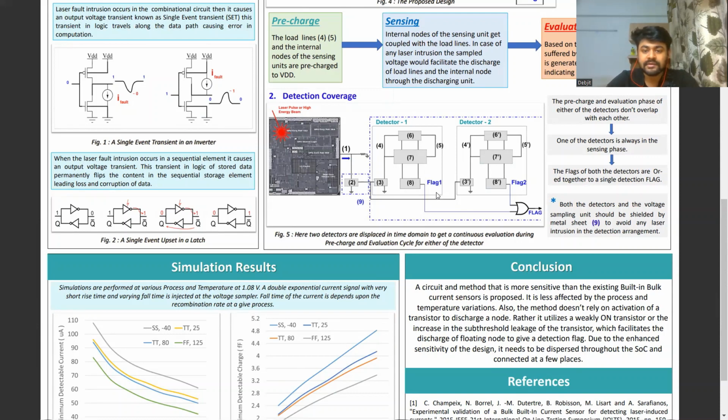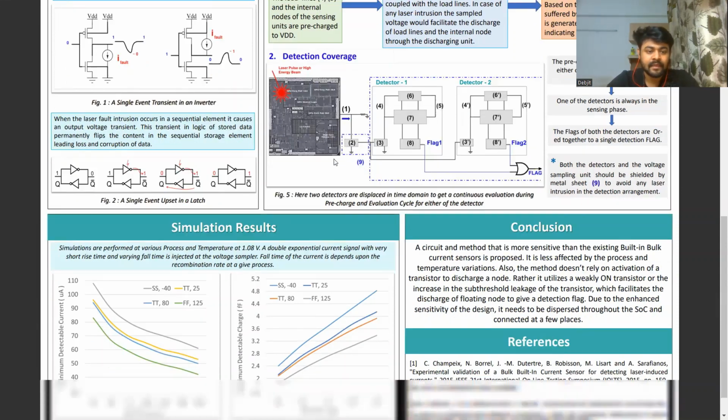Both the detector flags are ORed together to give a single detection flag, which would indicate any laser fault injection. One thing to note is that both the detectors as well as the voltage sampling unit should be shielded by an N+1 upper metal layer to avoid any laser fault intrusion in the detection arrangement itself.